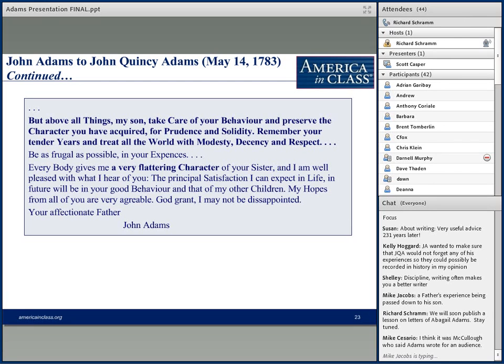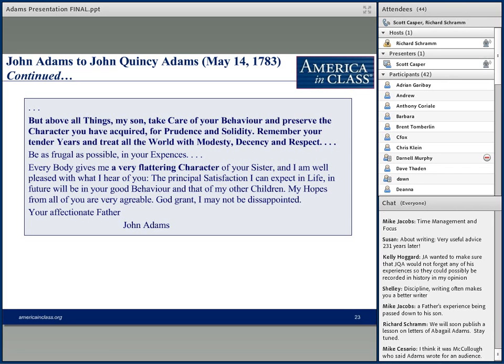So back to that idea of character here, the character you have acquired. In a sense, here character refers to what? Reputation, right? You have acquired a certain reputation for being prudent and solid, for being, in other words, thoughtful and deliberate. Everybody gives me a very flattering character of your sister.